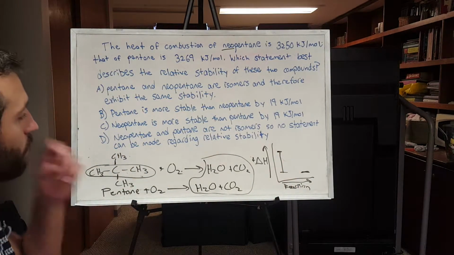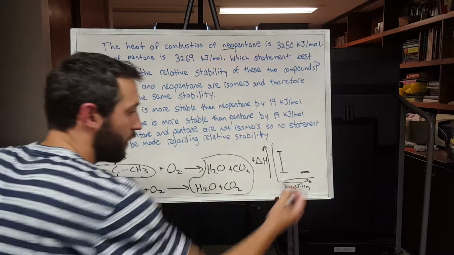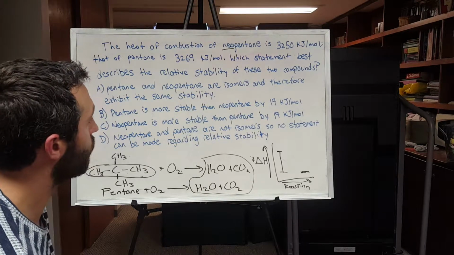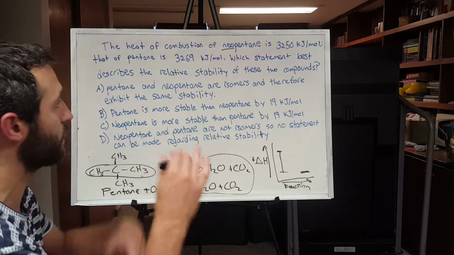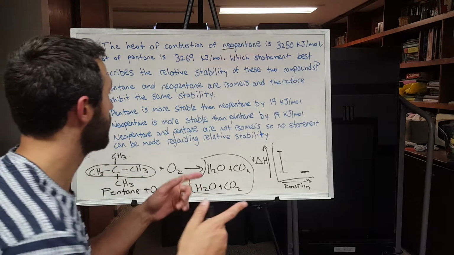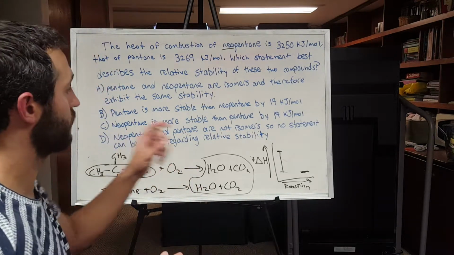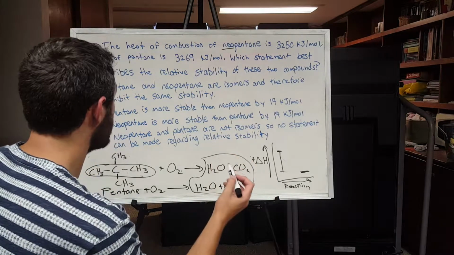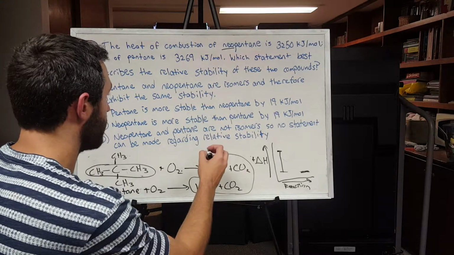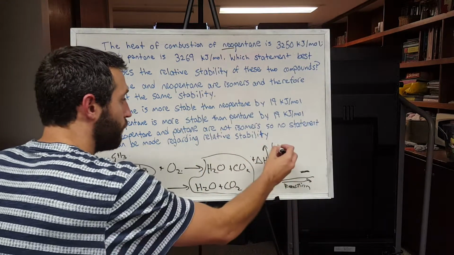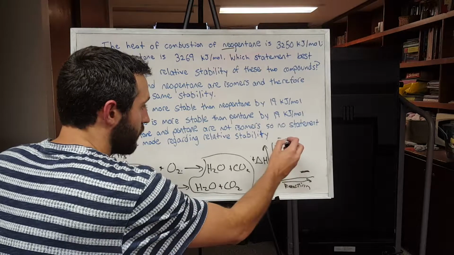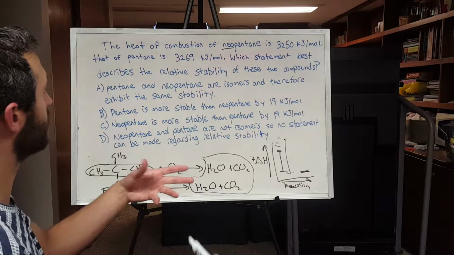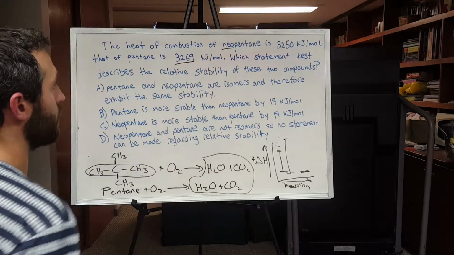Since the stability of the product is the same for both pentane and neopentane, what will determine which heat of combustion is greater will be the stability of the reactant. Basically the guy that is more unstable will be up higher here, and so we'll have a greater difference from product to reactant, will release more heat, we'll have a higher number.